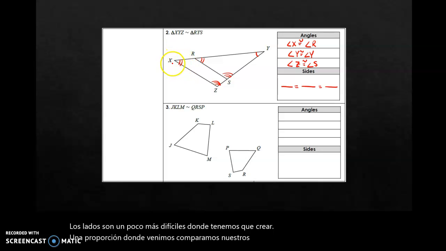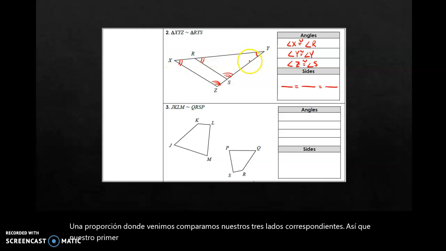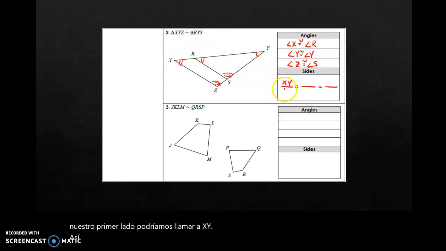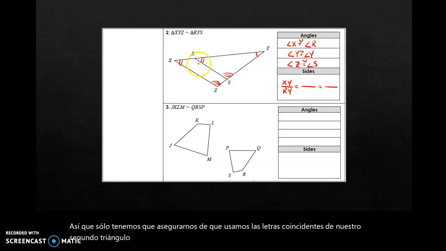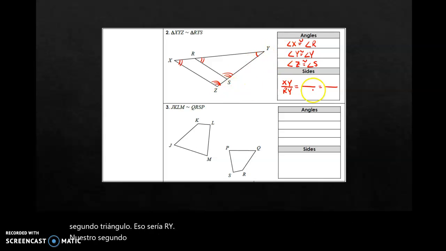Our first side we could call XY, and we just need to make sure that we use the matching letters of our second triangle. That would be RY. Our second side could be YZ, and its corresponding side would be YS. And then our third side, I'm going to call XZ, and its corresponding side would be RS.